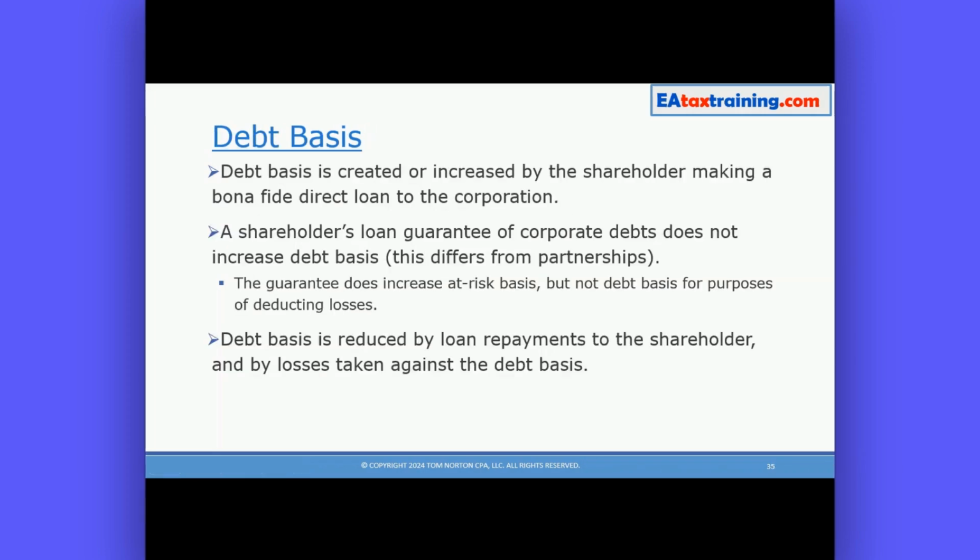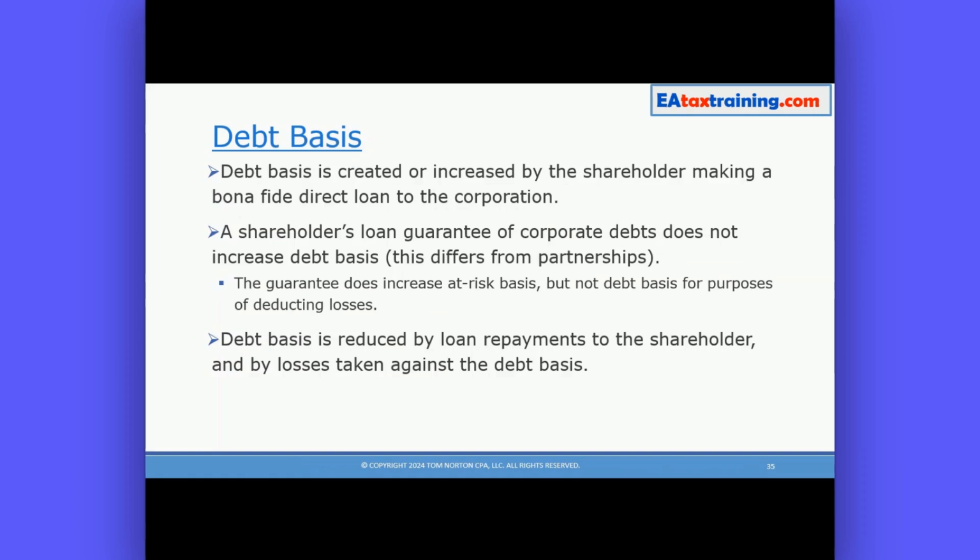Debt basis. So how do we increase or decrease debt basis? First of all, debt basis is created or increased by the shareholder making a bona fide loan directly to the corporation. A shareholder's loan guarantee of corporate debts does not increase debt basis.